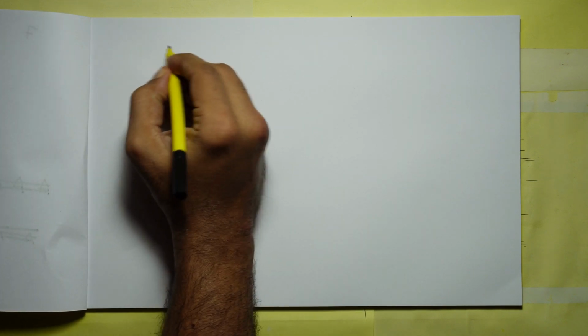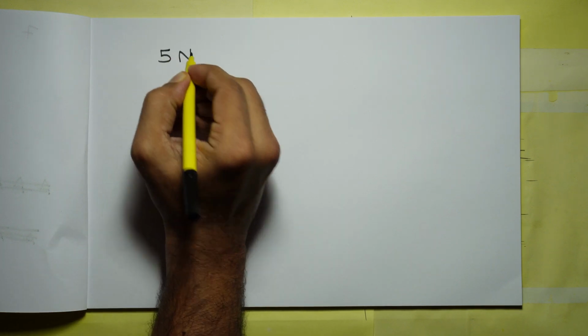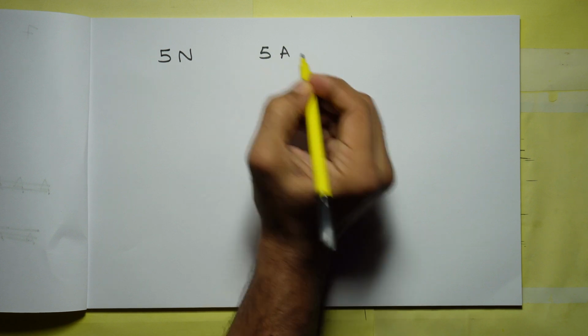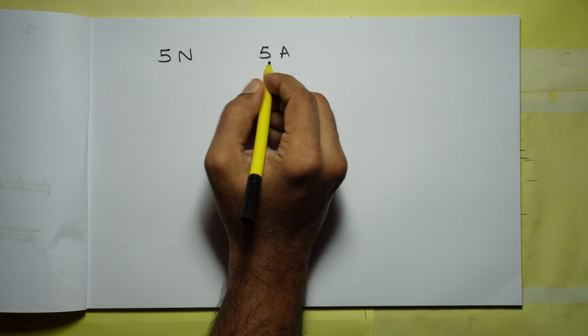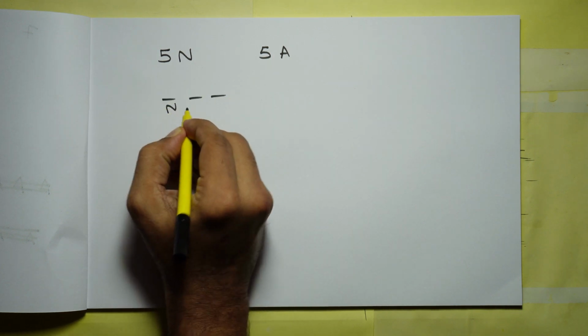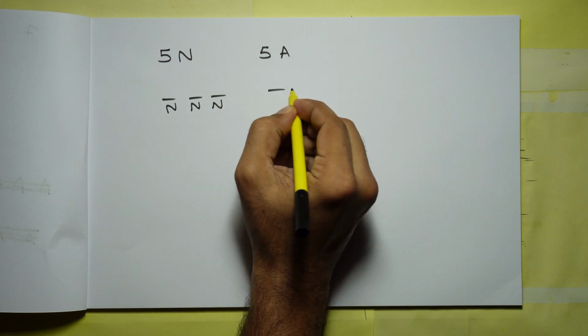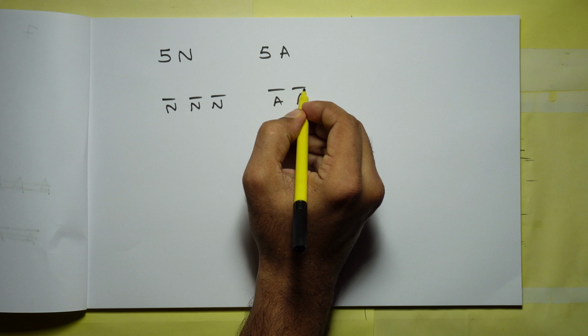Now let us look at another situation where you cannot apply the combinations formula. For example, 5 numbers are there and 5 alphabets are there. Now you need to form a number plate of a car. The number plate of a car consists of 3 numbers and let us say 2 alphabets. So how many number plates are possible?